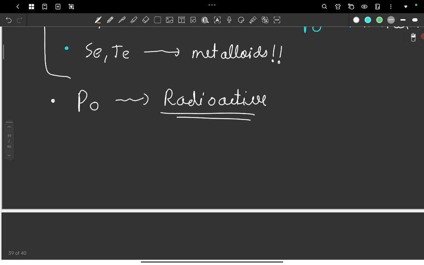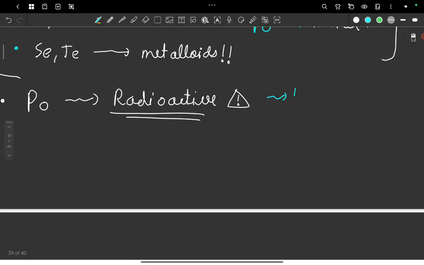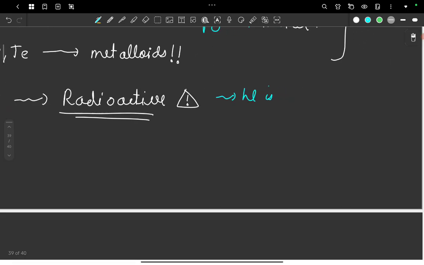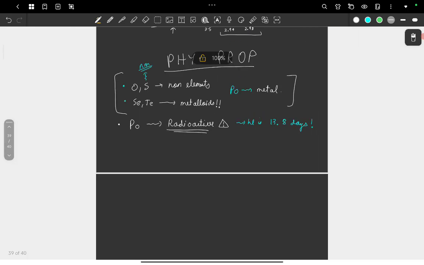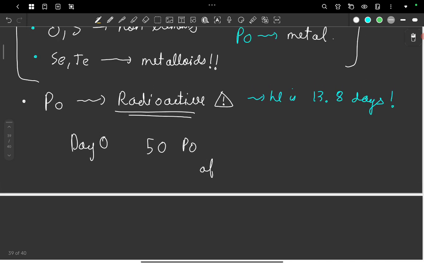Just remember, polonium is radioactive, and its half life is 13.8 days, which means that if you have, say, on day 0, 50 polonium atoms with you, that would mean that after 13.8 days, you will have 25 polonium with you.